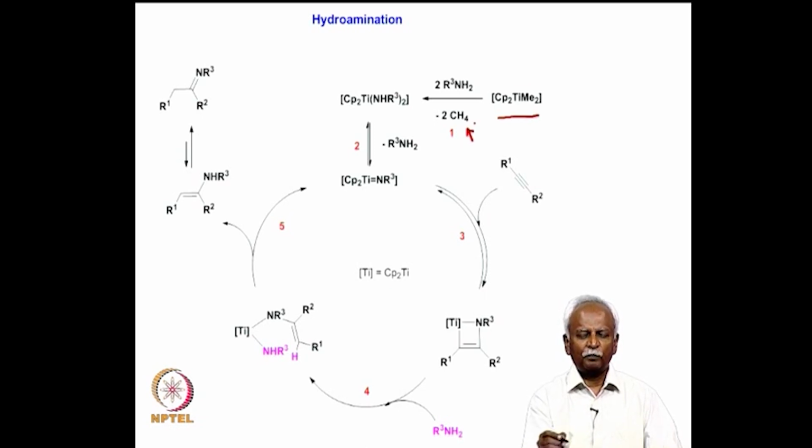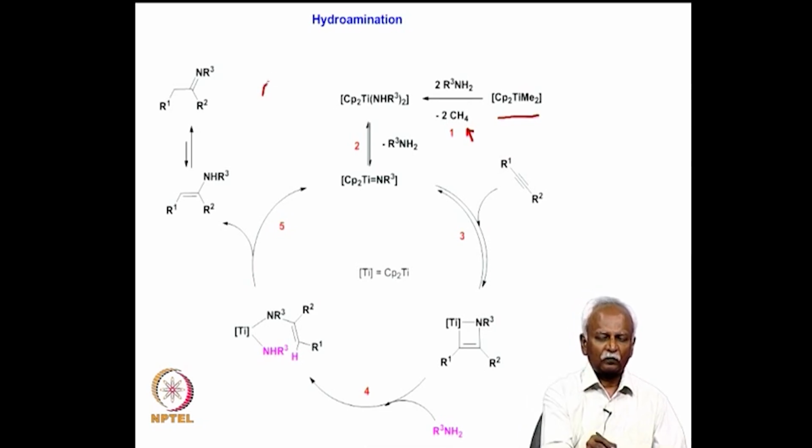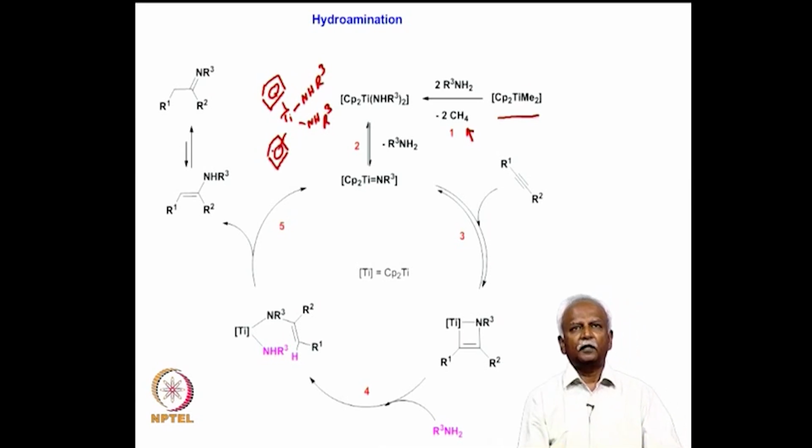So, elimination of methane generates a catalytically active species, which I could write as having NHR3, and then another titanium molecule.